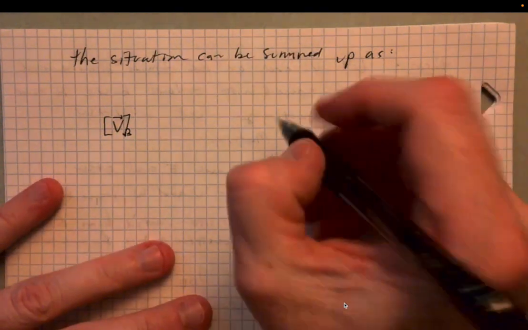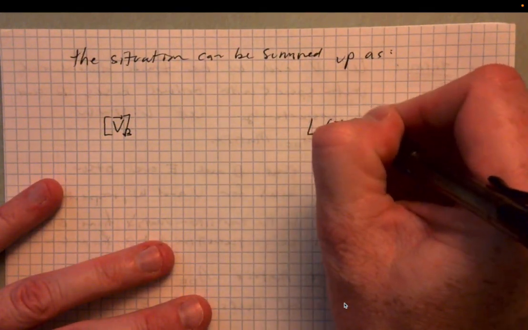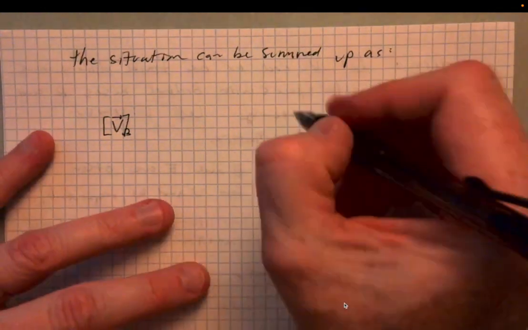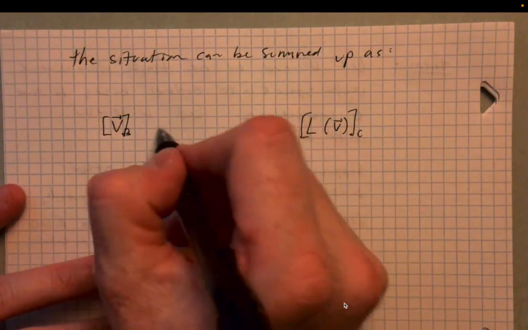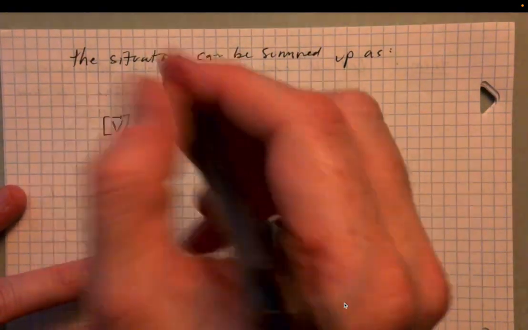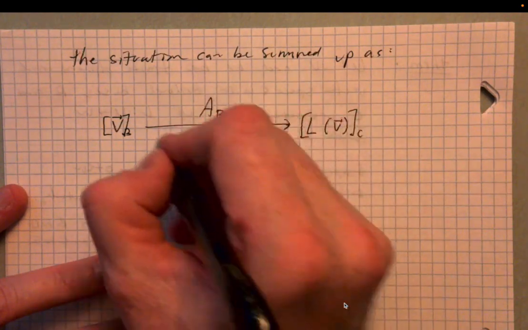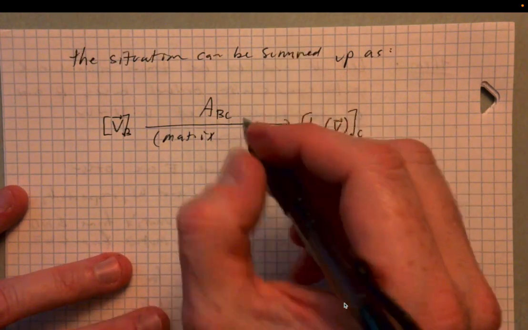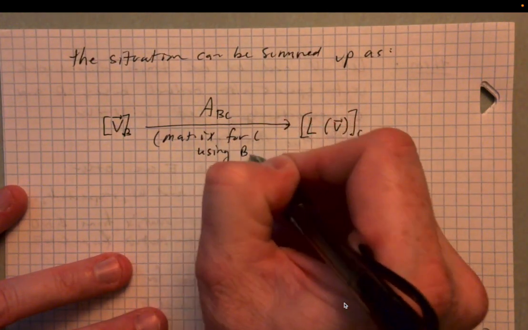And what I'm interested in is I want to apply L to V and get the coordinatization in C. Well, we know the way to do that is through this matrix A sub BC. Right, this is the matrix for L using B and C.